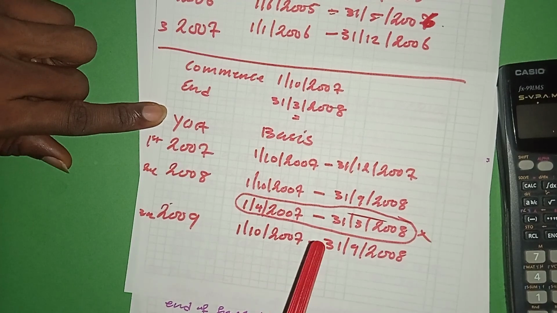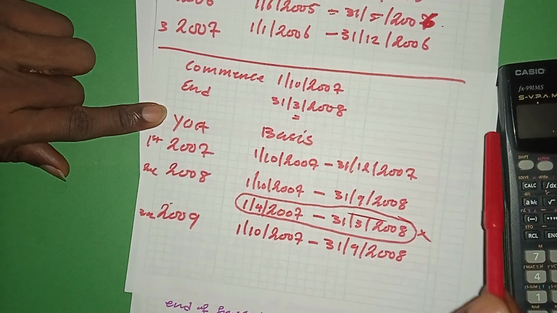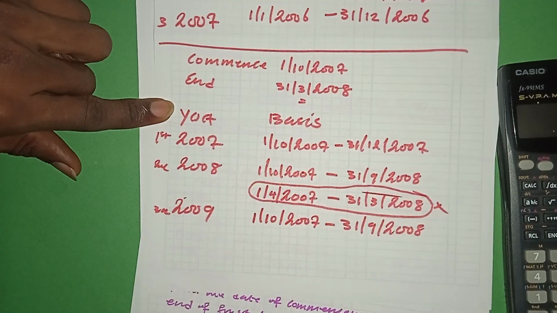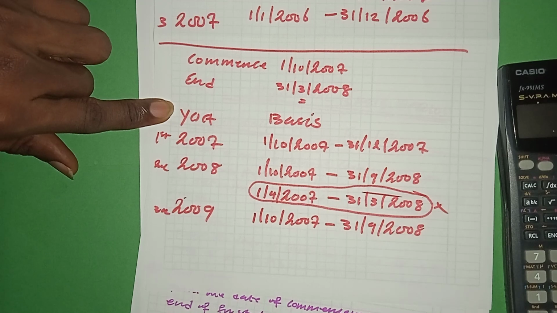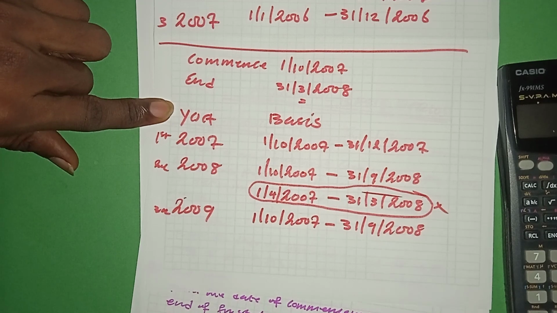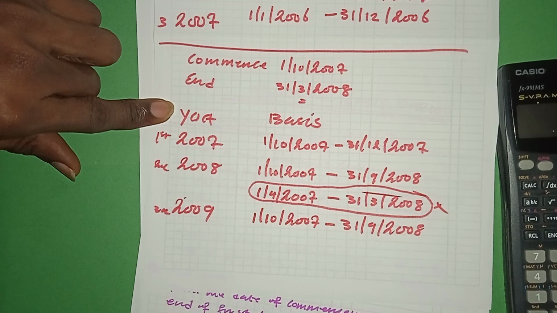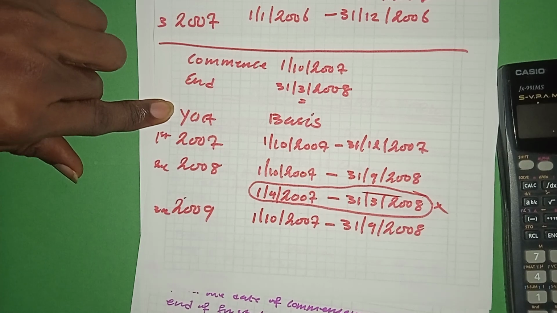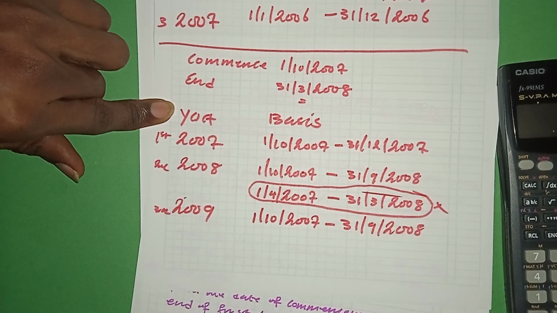The next video will be including assessable profit. I just gave you this information here so that when we are solving that one, you can follow along. So stay tuned in my next video as I bring you the computation of commencement rule, full calculation. I believe it will help you.